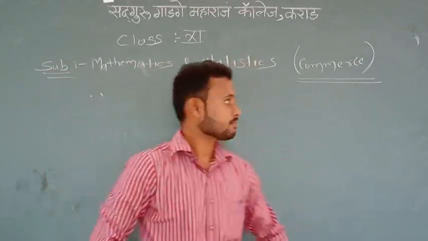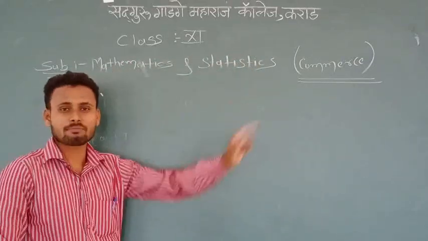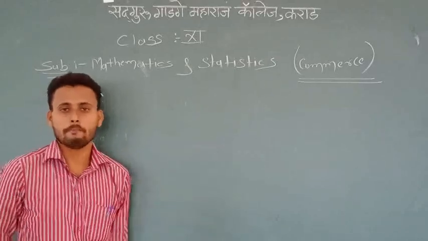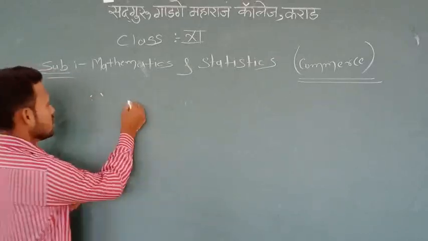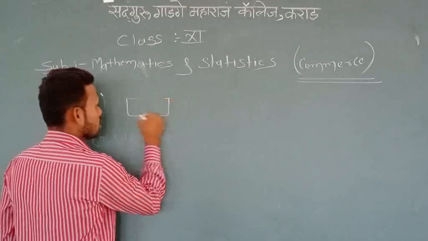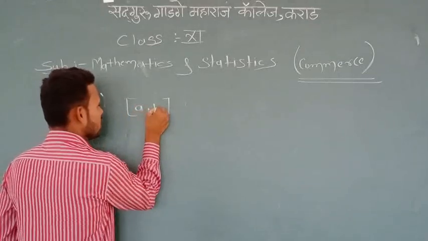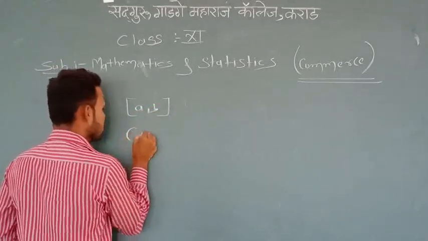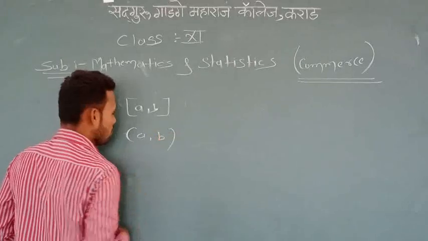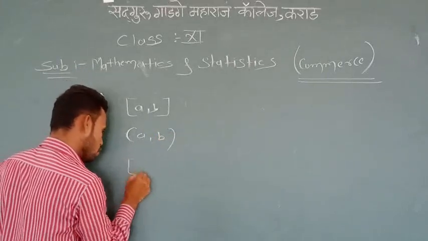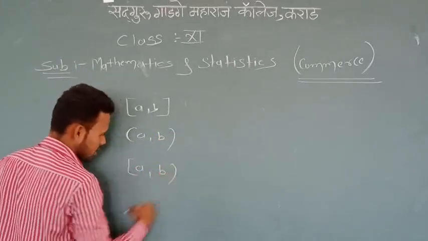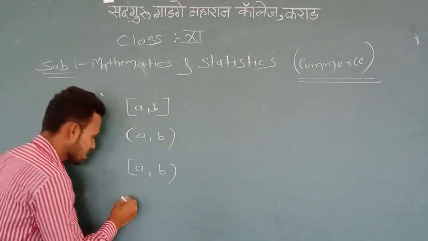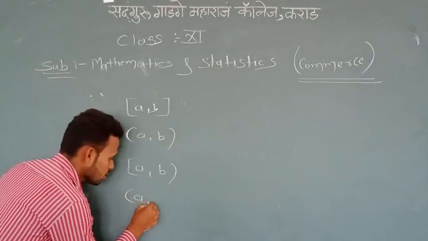Now let us just see the intervals and types of intervals. There are four main types of intervals. First one is the closed interval. Second one is the open interval. Third one is the semi-closed interval. And last, the semi-open interval.